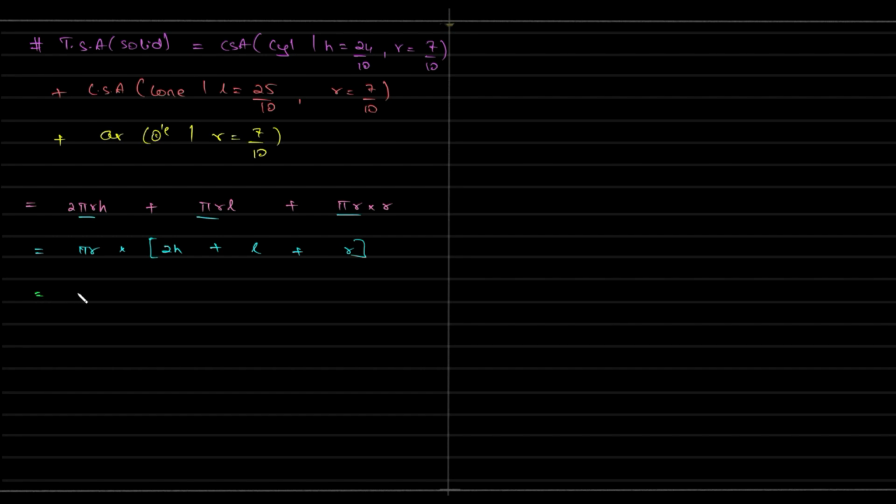So all we have to do is substitute 22 by 7 into radius. All of the radius is same, 7 by 10. That's why I was able to take common. 2 into height, that is 24 by 10, plus slant height 25 by 10, plus radius 7 by 10.